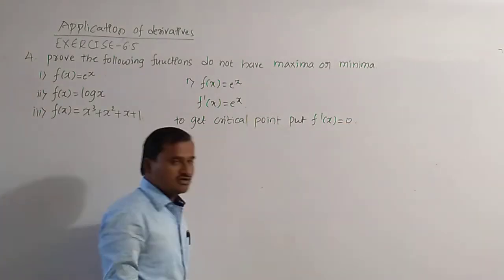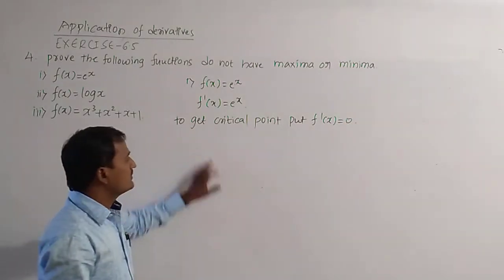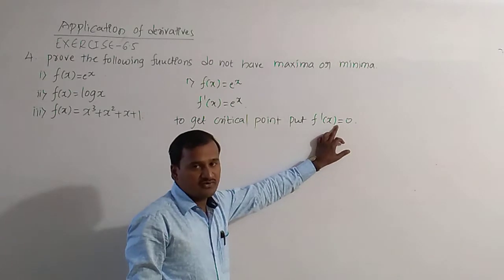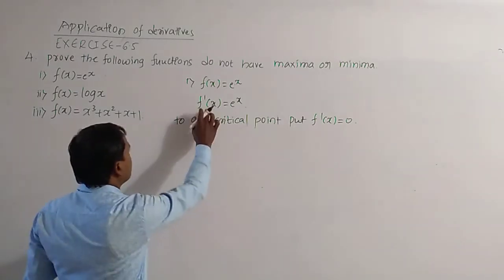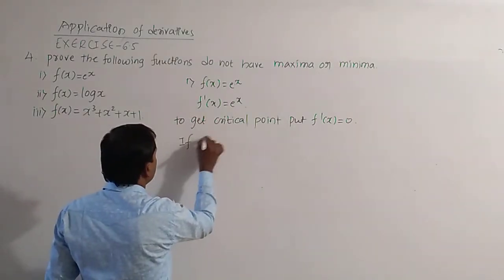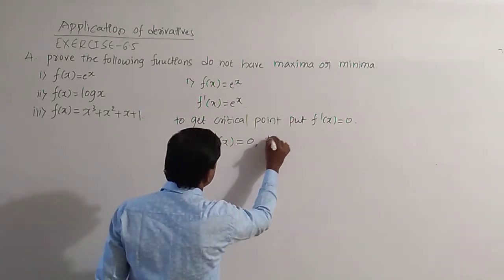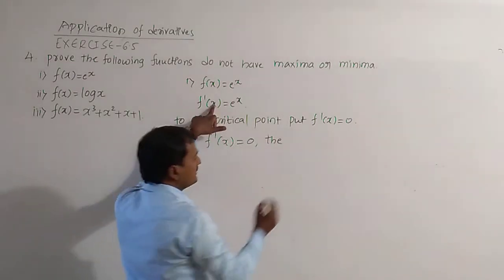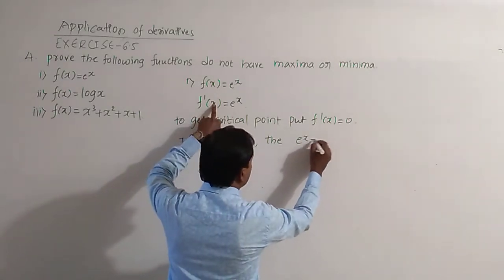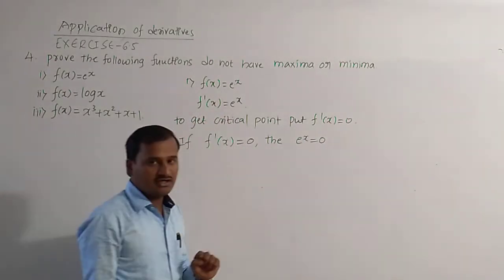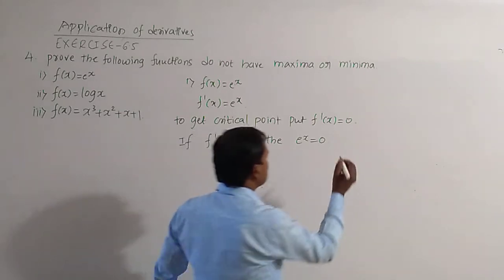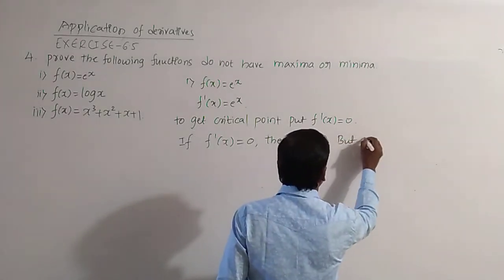For any function, to get the critical point, we should substitute f dash of x equal to 0. Therefore, if f dash of x equal to 0, then clearly we get e raised to x equal to 0, but it is not possible.